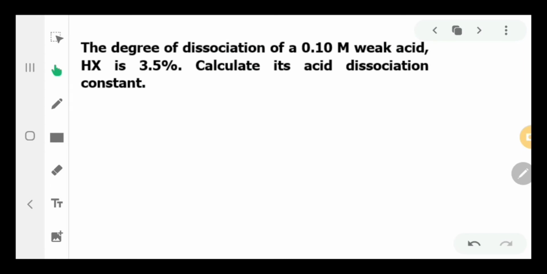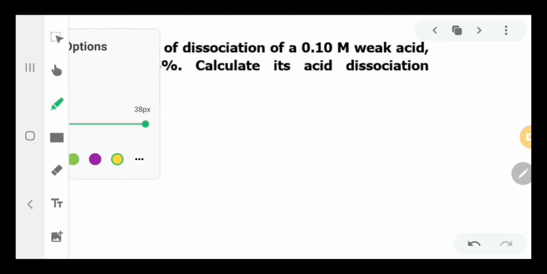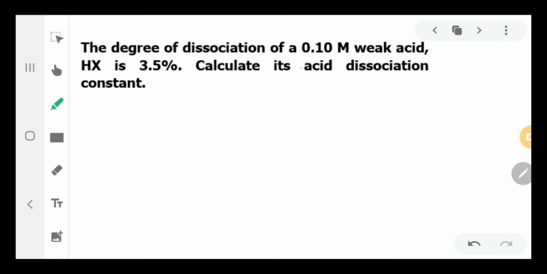How do you know that? The clue is just right there: acid dissociation constant. You need to find it.